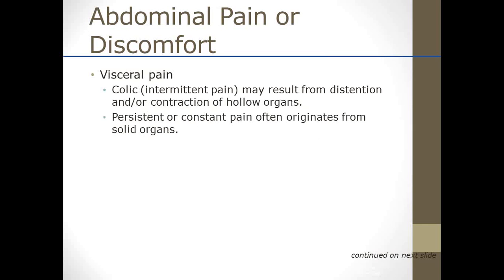Okay. A type of visceral pain is colic, and we hear this term a lot with babies. And colic comes from distension or contraction of the hollow organs, a lot of times very specific to the digestive tract. And that's why we hear this with babies, is their little bodies are trying to, especially if they're newborns, trying to learn to digest their food.